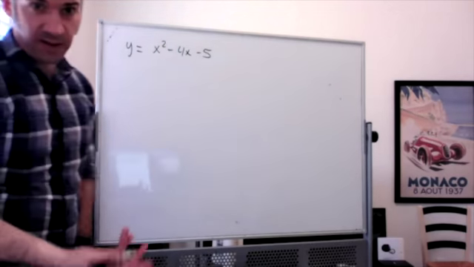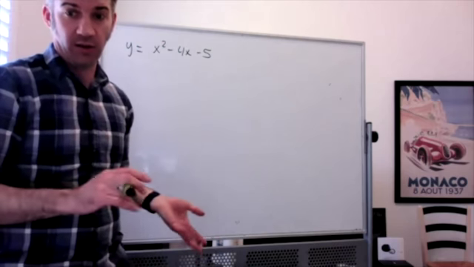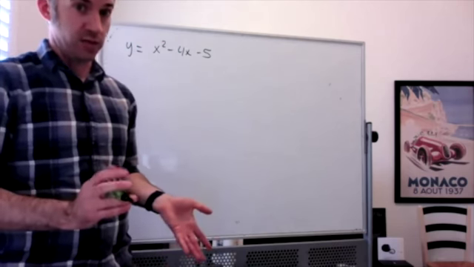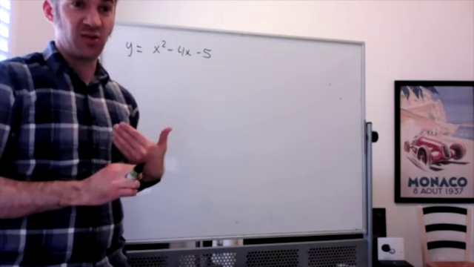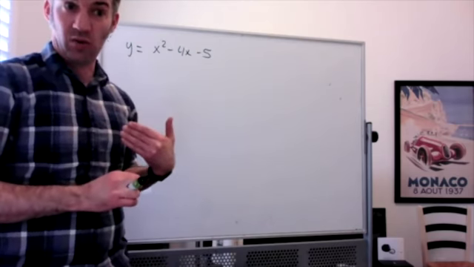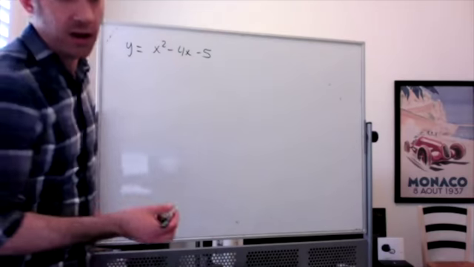Now we could totally find the vertex the usual way by doing negative b over 2a and then finding the y coordinate. But instead I'm going to do what's called completing the square, which is something we don't usually do for parabolas, but we definitely do when we're trying to find the equation of a circle. So it is good practice, even if we don't really use it for this particular thing.